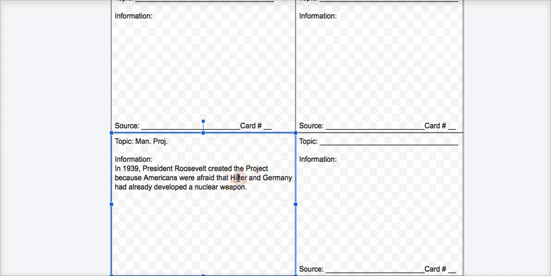I can't spell Hitler apparently. All right, let's see how close what I have is to what they had.